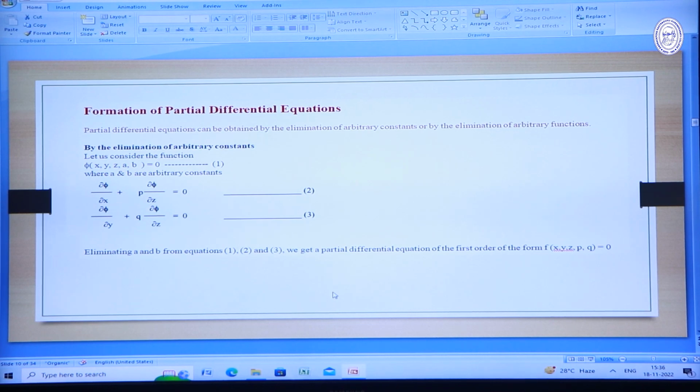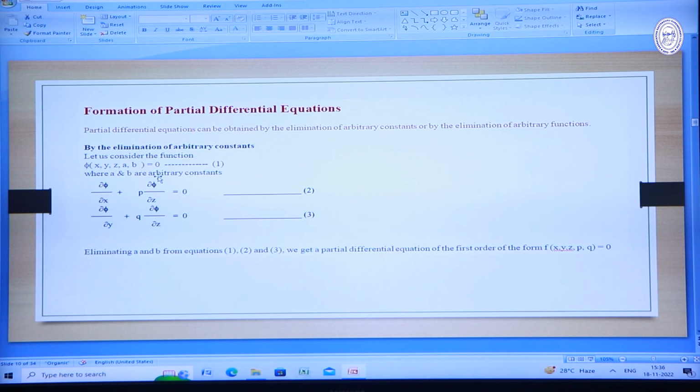By elimination of arbitrary constants, first we suppose an equation phi of x, y, z, a, b equal to 0. This is an equation of x, y, z with arbitrary constants a and b.